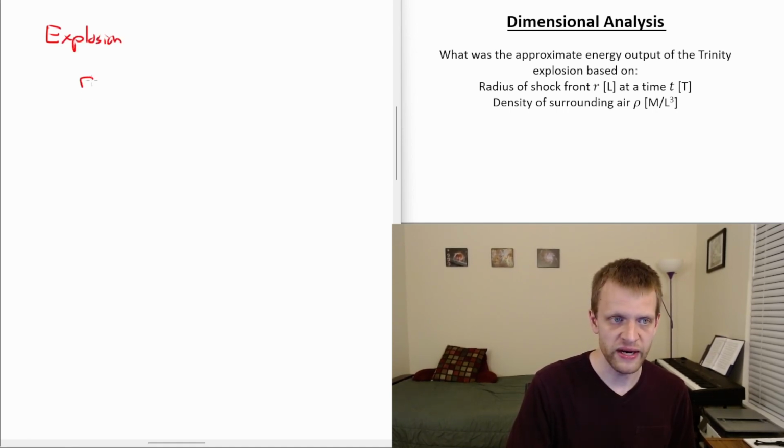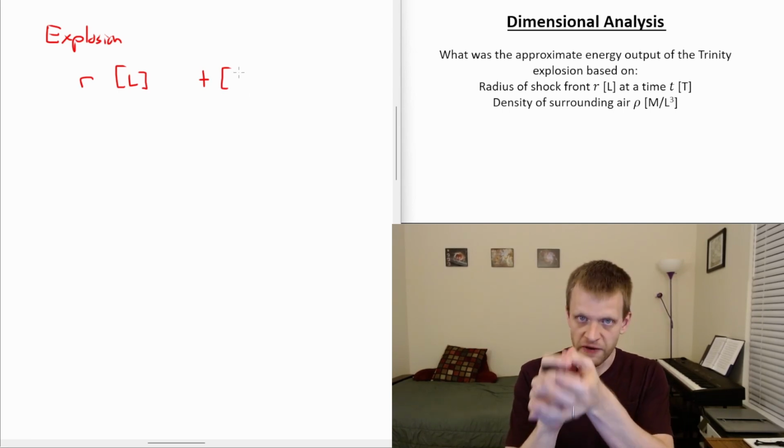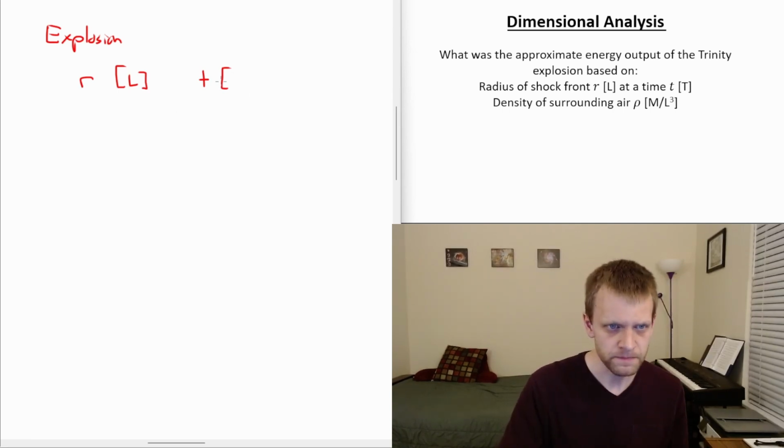We've got the radius of the shock front, which is going to be a length. We've got the time after the explosion, assuming the explosion is very localized at the beginning. So that time is clearly going to be a time. And the density of the surrounding air is a mass divided by a length cubed.